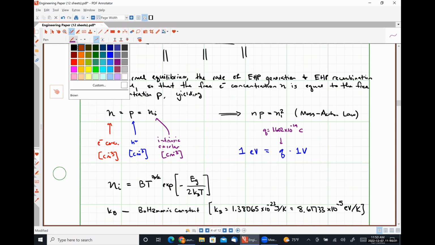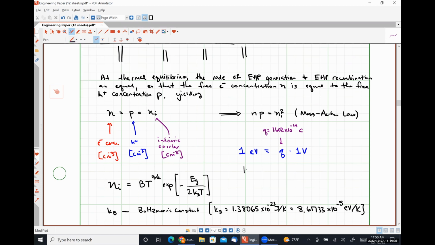Now, the reason I'm bringing this up is because there are going to be a whole lot of times where we are going to see something written as kBT over Q. Boltzmann's constant multiplied by temperature divided by charge. kB over Q is just voltage.